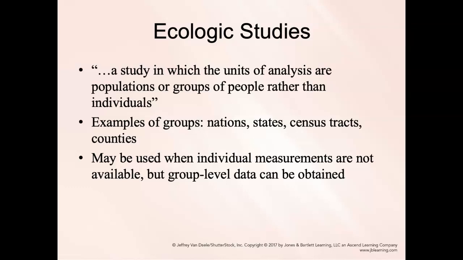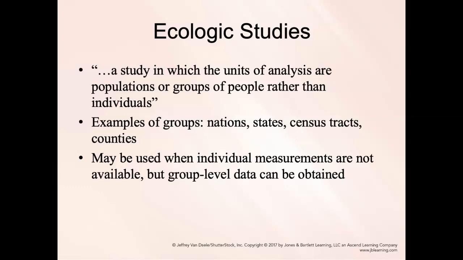We use these kinds of studies when individual measurements aren't available, but we have group level data. So we often have things like county level data, we often have state level data that isn't at the individual level, but we have that county level or state level information that we can then use to examine associations and relationships among variables.